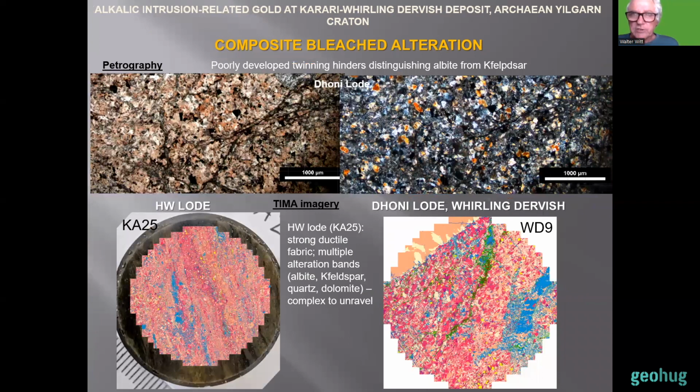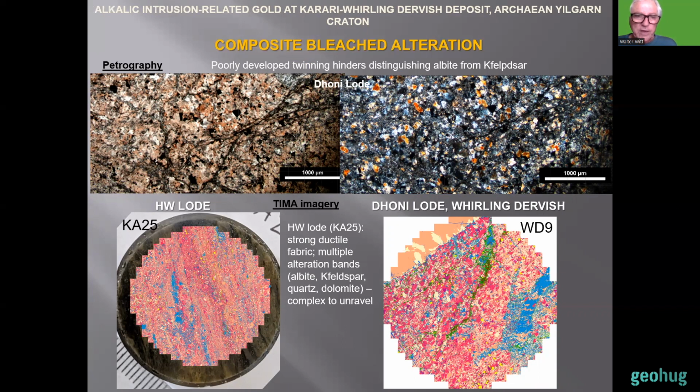Studying the nature and genesis of these bleached hydrothermal lodes is quite difficult petrographically because the alkali feldspar phenocrysts are poorly twinned and the groundmass is very, very fine grained. Even with the assistance of TIMA, some hydrothermally bleached lodes, such as the hanging wall lode, located in the hanging wall fault, are difficult to unravel and decipher.